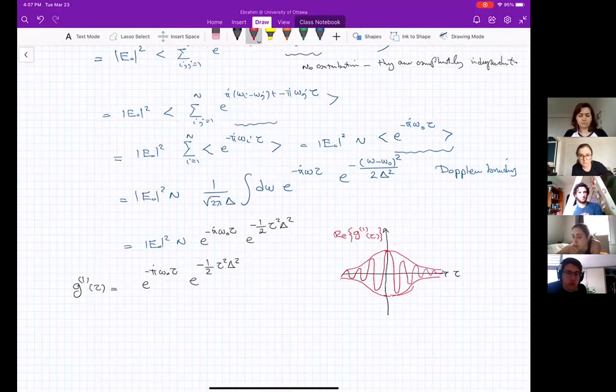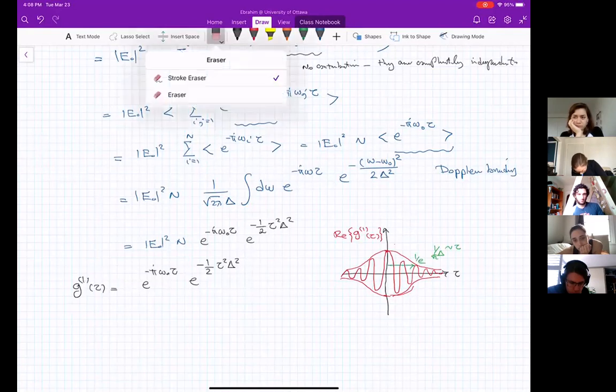Okay. And here, when tau is equal to 1 divided by delta, then that gives 1 divided by e. Let's do that. Here will be 1 divided by e.